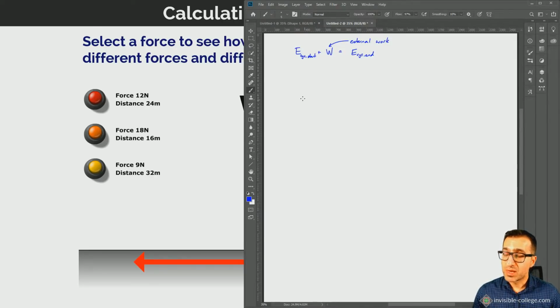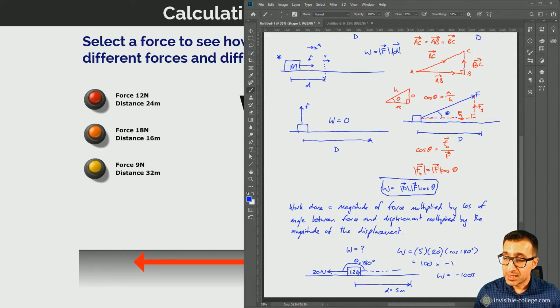Now, let's take a look at this equation again. So we're starting with a collection of objects or a system. An example of this would be this object resting on a frictionless surface, and it's already in motion. And when we start to consider this system, it's at this point, and a force starts to act on it going backwards. This force is being applied by something external to this system that we don't see in this diagram.